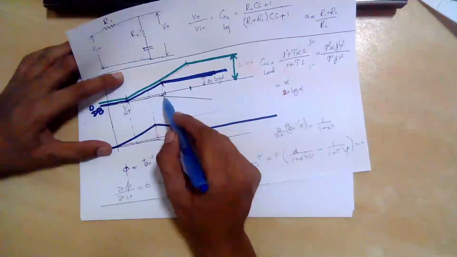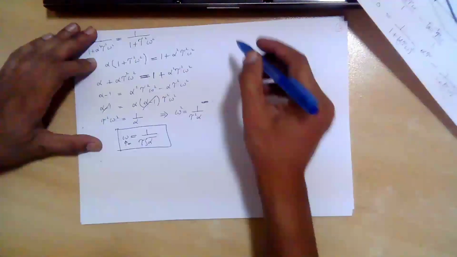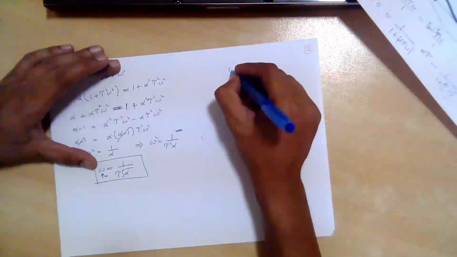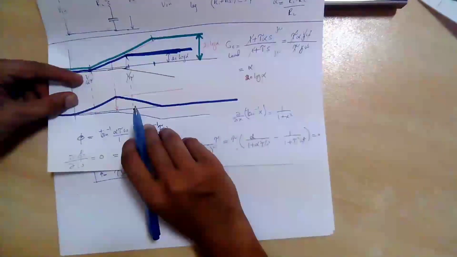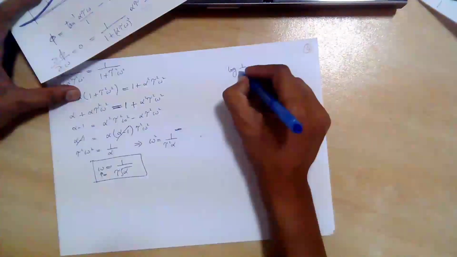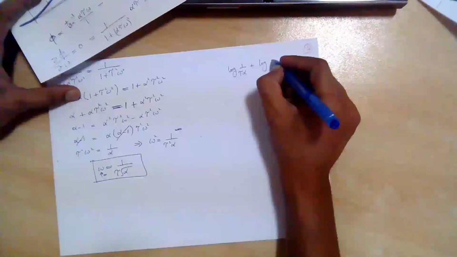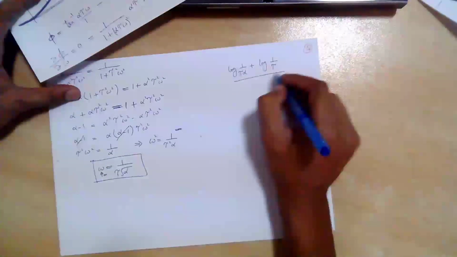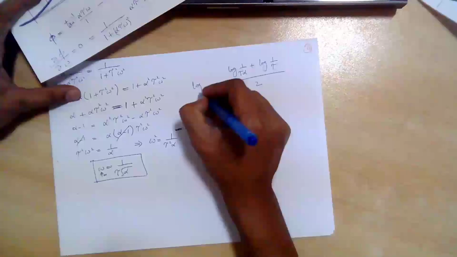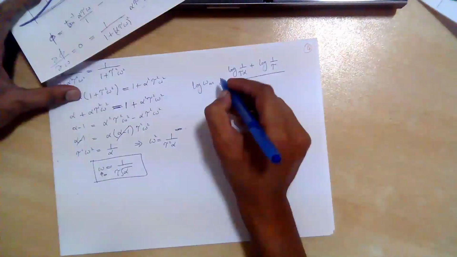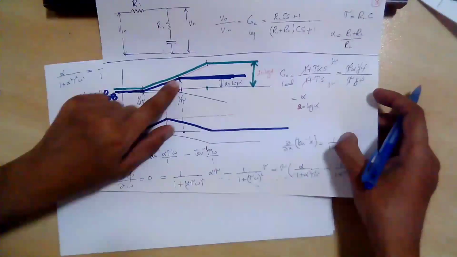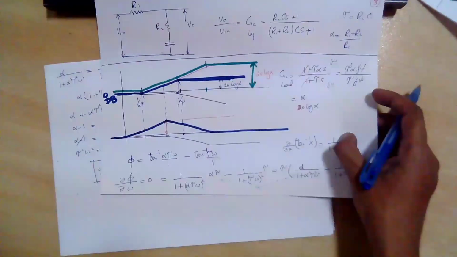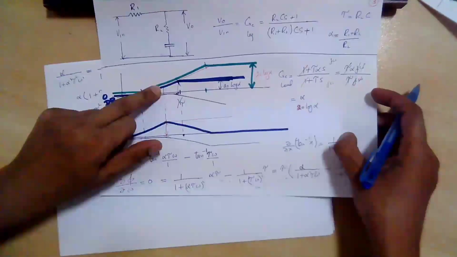So what I mean from here is that the arithmetic mean, log of 1 over tau, the frequency of 1 over tau, log of 1 over tau alpha plus log of 1 over tau, divided by 2 is equal to log of omega phi m, which is very visible from this, that this peak is right in the center of two corners on a log scale, because frequency is plotted in the log scale over here.